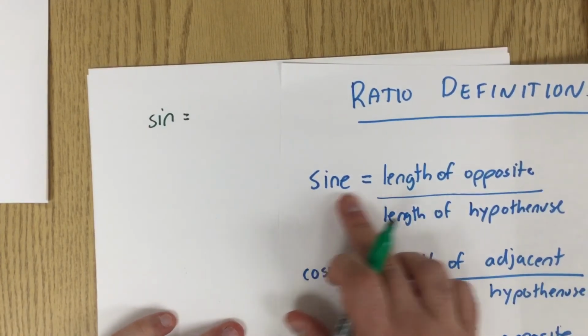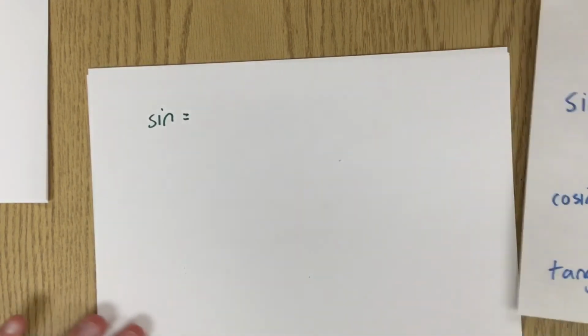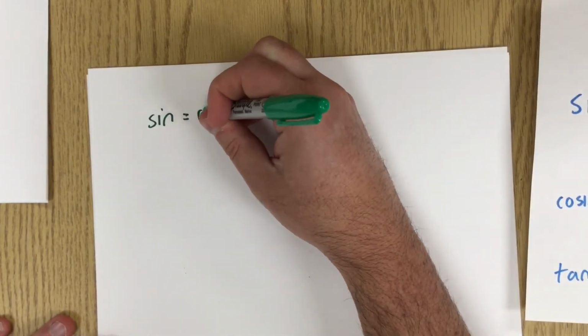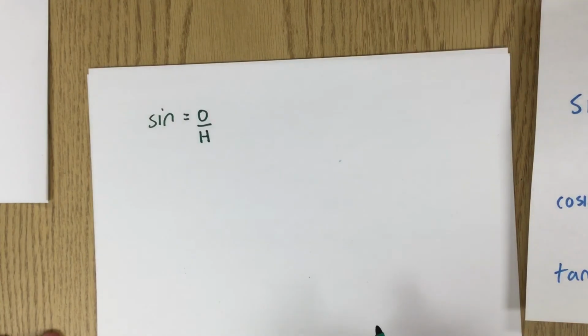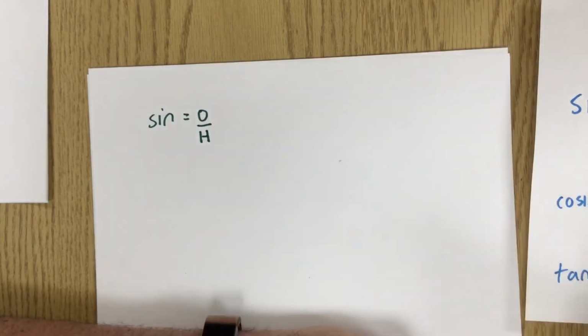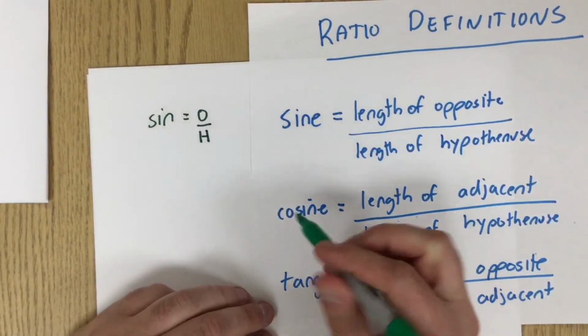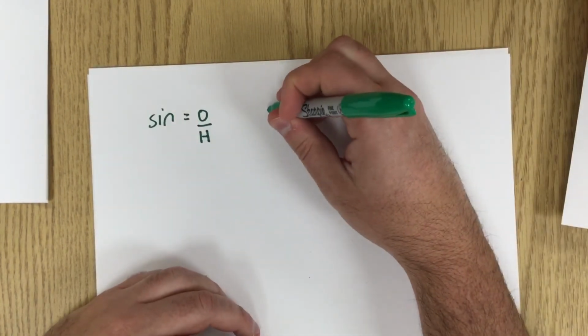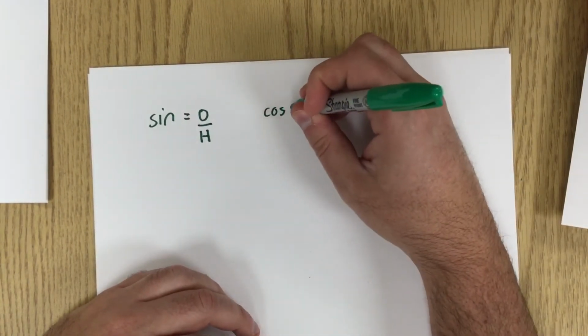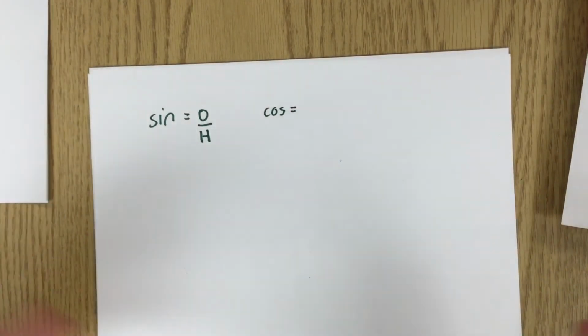Now sine is the length of the opposite over the length of hypotenuse, so I'm going to write it as length of opposite divided by length of the hypotenuse. Cosine is going to be abbreviated also with the first three letters, and we're going to abbreviate that as cos. In fact, these abbreviations are so common that people often refer to these ratios as just the abbreviations.